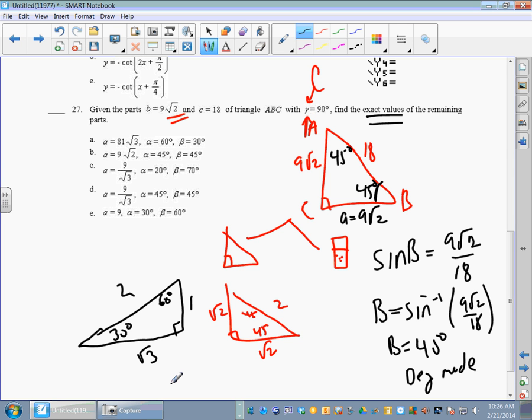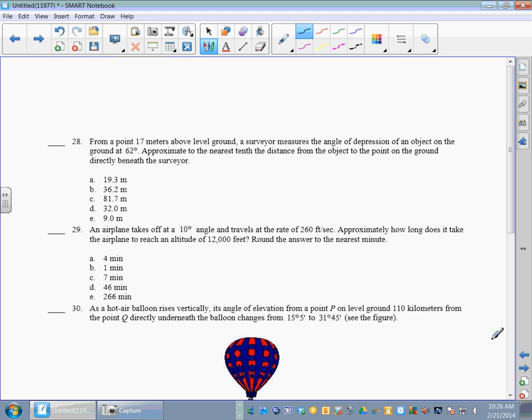So ours are good? Coming down the home stretch. That's 27. 28. How'd you do this one, if you did it already? Yep. I did it with height of 17. Okay. Angle of 3.